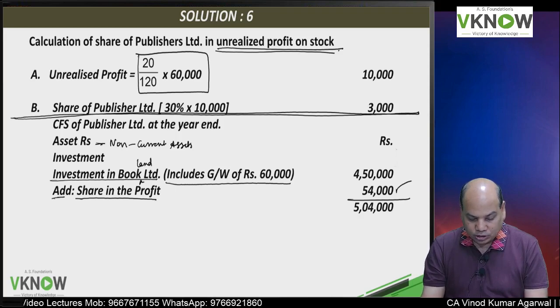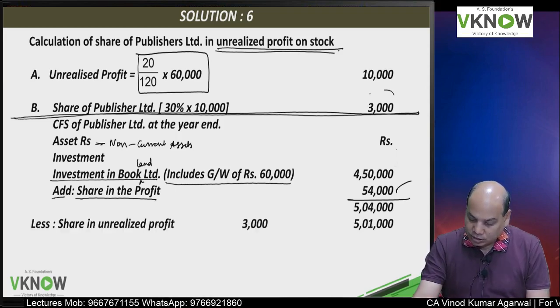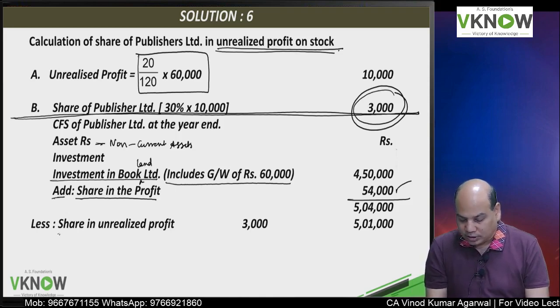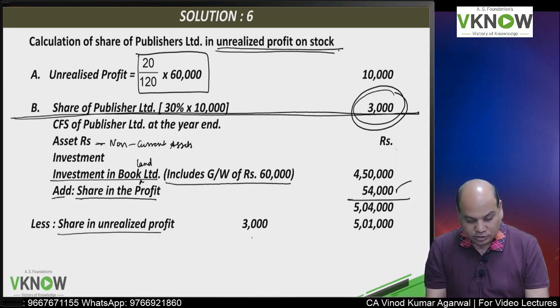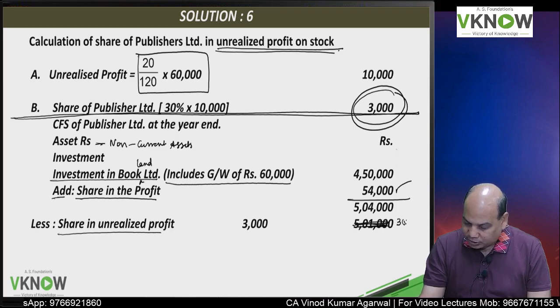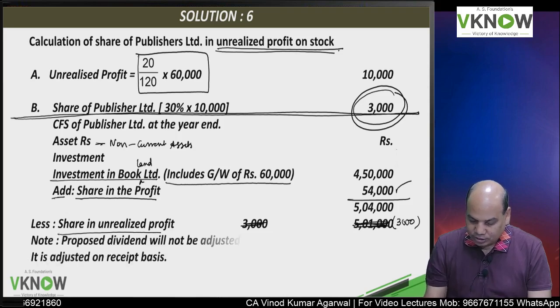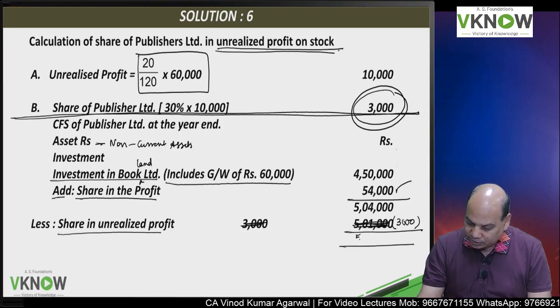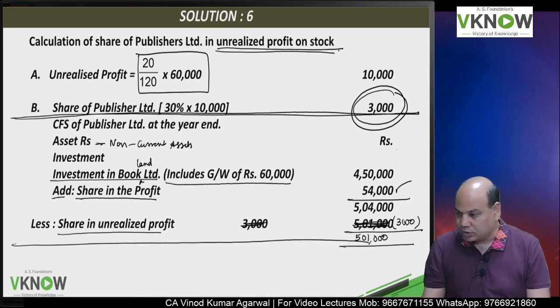Draw a line, take a total, 5,04,000, and this unrealized profit will be deducted. Less share in unrealized profit on stock, 3,000. You deduct this 3,000, which should be written in bracket, and therefore the balance below is 5,01,000. This will be the answer.